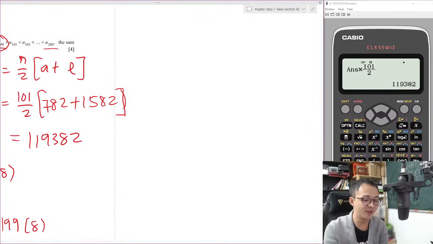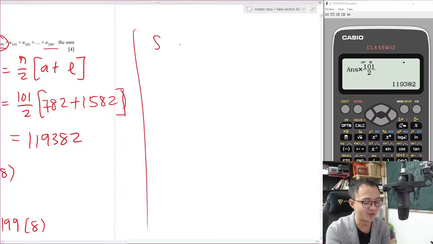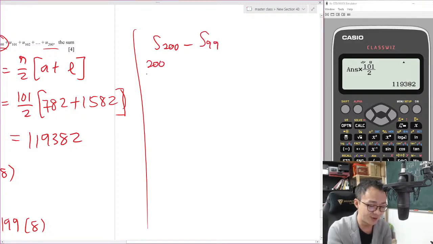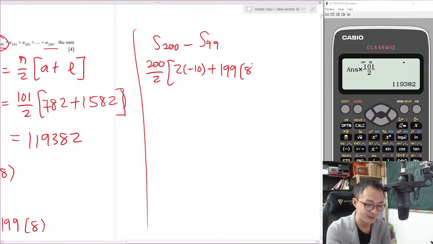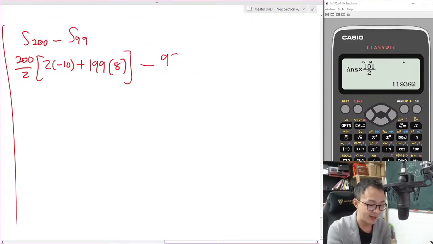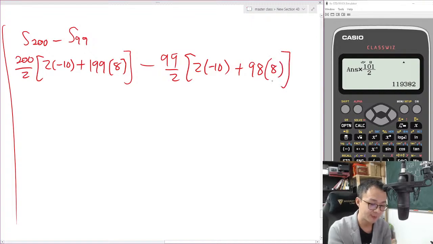Just wondering if you prefer my first method, let's do it. S200 minus S99. This one is 200 over 2, (2a plus (n minus 1)d) minus n over 2, (2a plus (n minus 1)d).